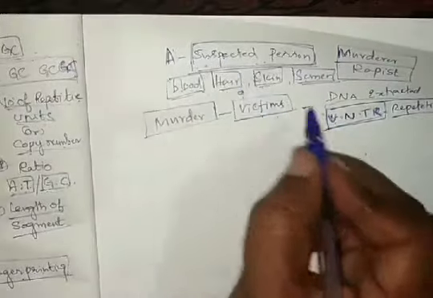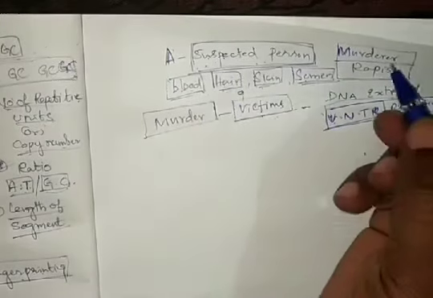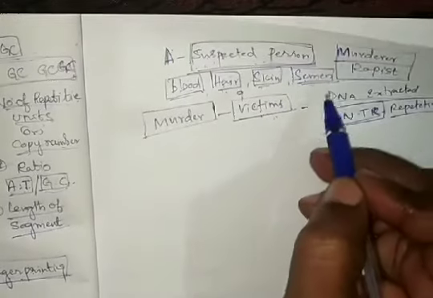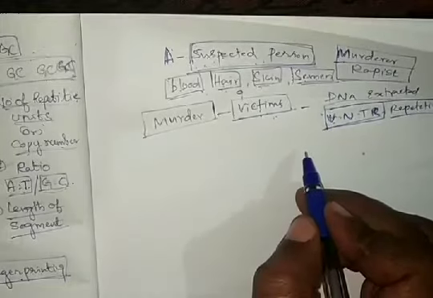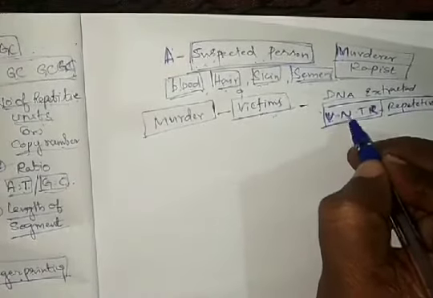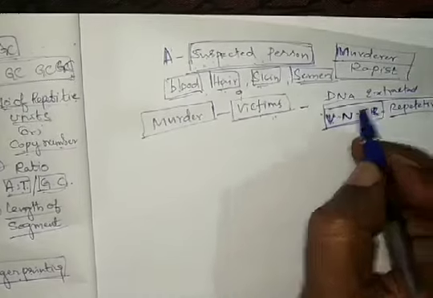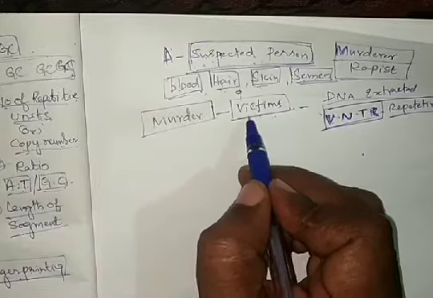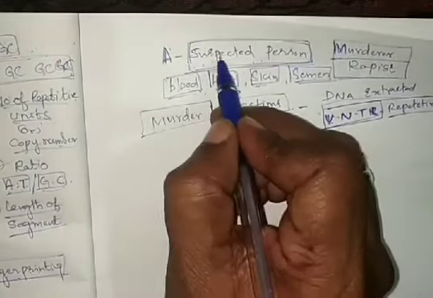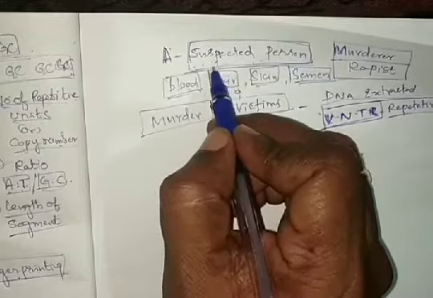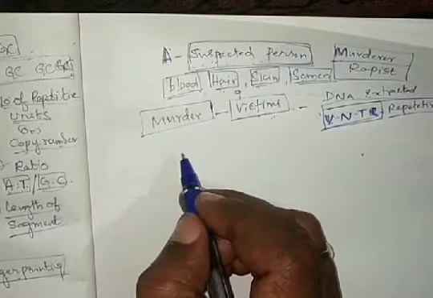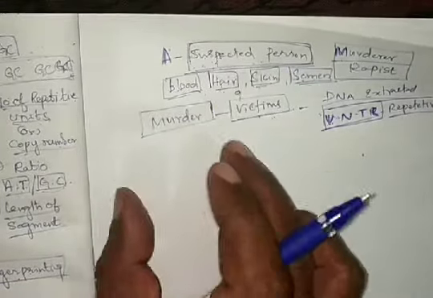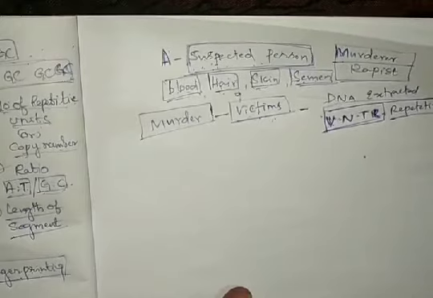If they do not match, then some other person did this murder, and they will go for some other investigation. So based on VNTR repetitive sequences, we can compare and finally catch the criminal. This is the use of DNA fingerprinting.